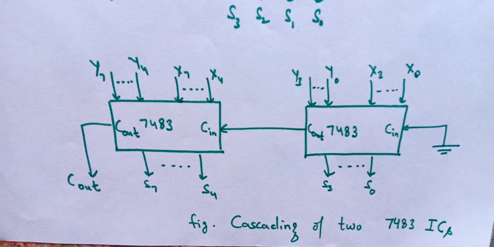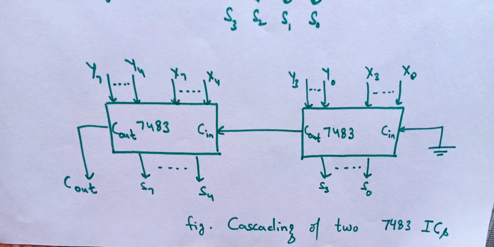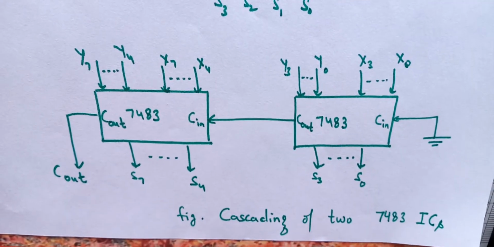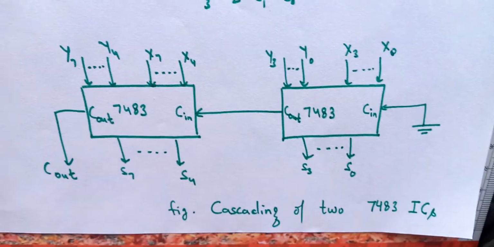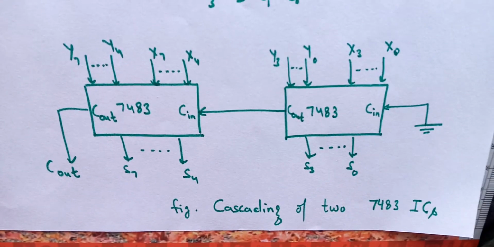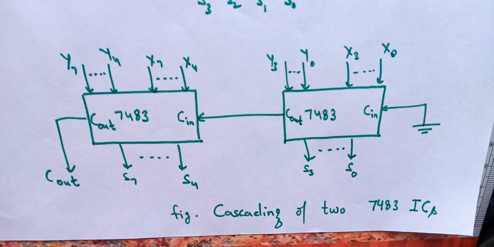It means most significant place C out, and then S7, S6, S5, S4, S3, S2, S1, S0. This may become a 9-bit number. If C out is 0, then the result is also 8-bit, but if C out is 1, the result becomes a 9-bit number. So hope you have understood clearly.